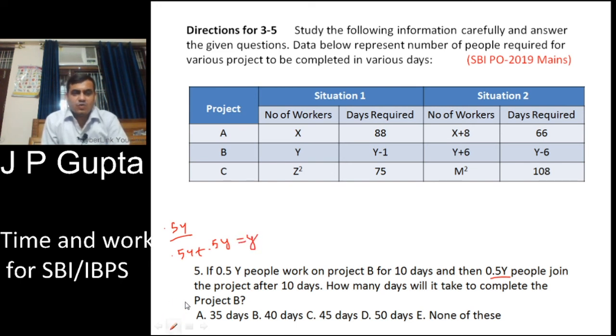So, here Y has to be defined. First we have to focus on Y, and obviously it is talking about project B and Y is mentioned in project B. So, first we need to look at this information.